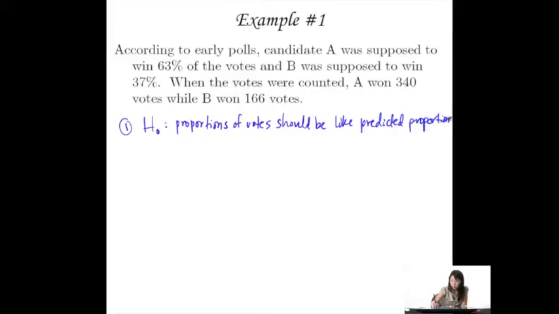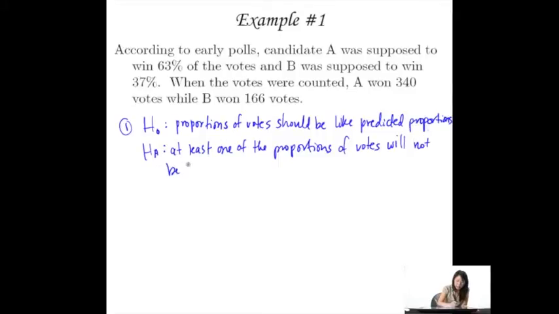And the alternative is that at least one of the proportions of votes will not be like the predicted population.